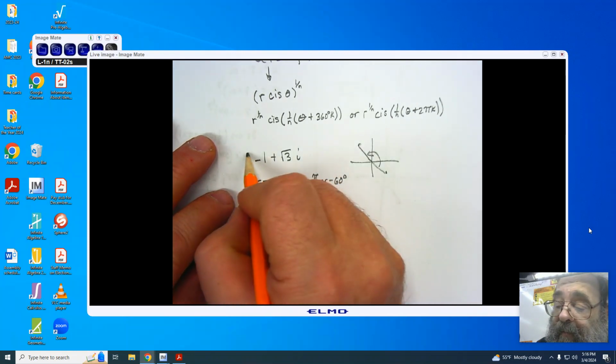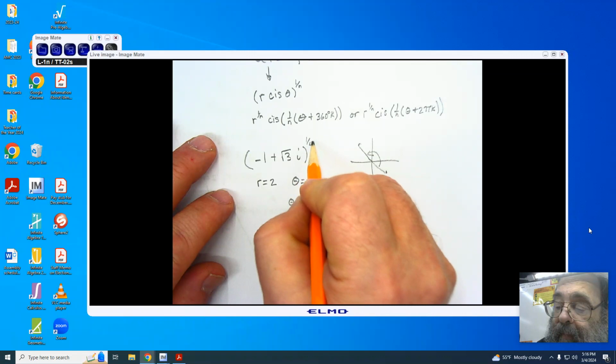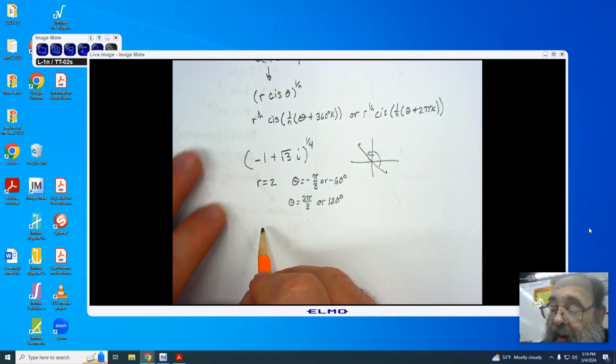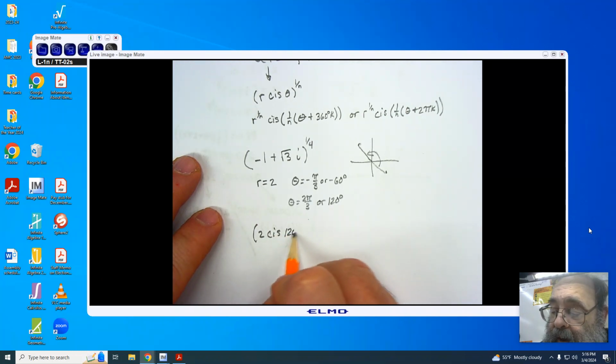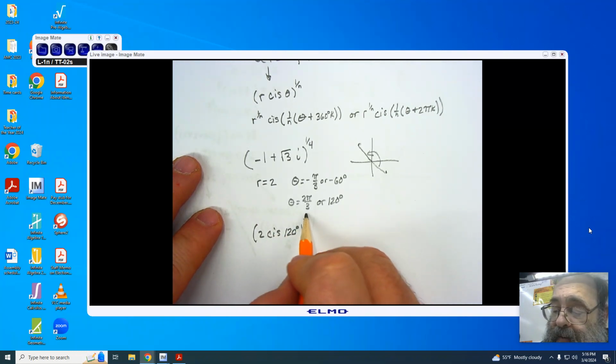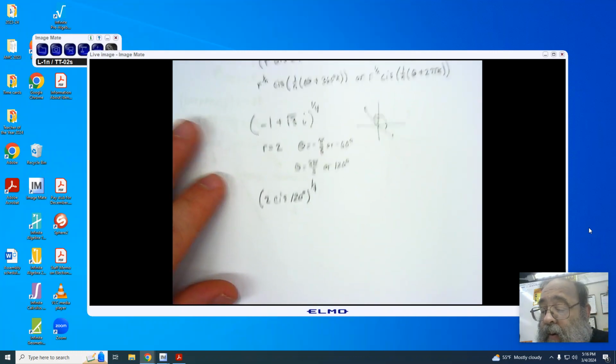So we're going to find the fourth root of this value. That means I'm going to have the 2 cis, and I'm going to go ahead and do it in degrees since I did the other one in radians, and it's to the 1/4 power.